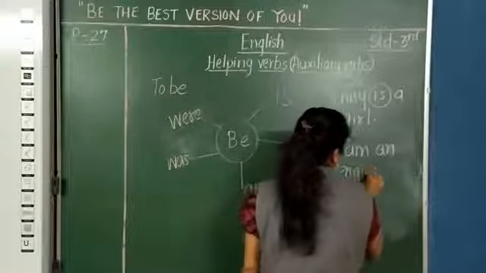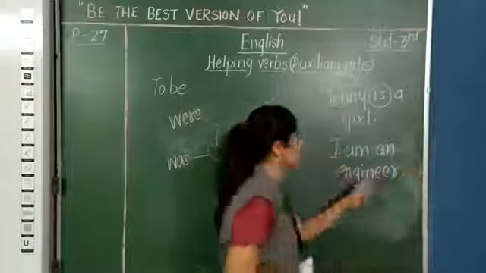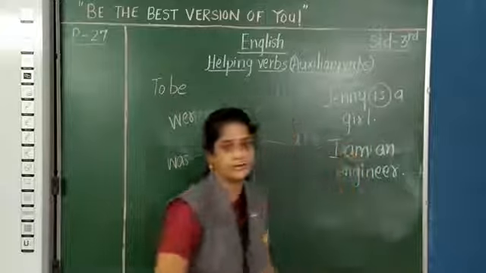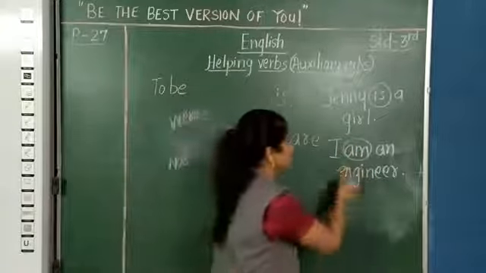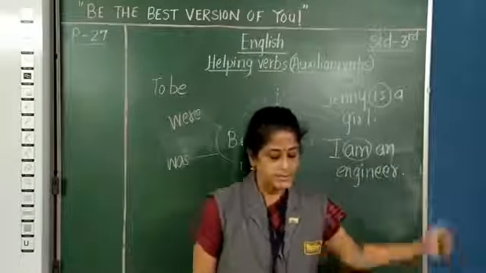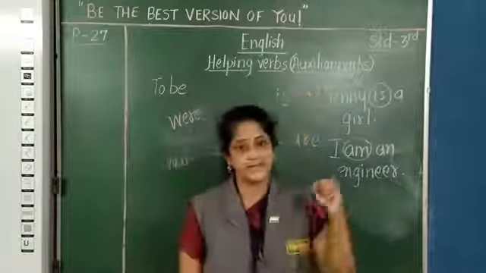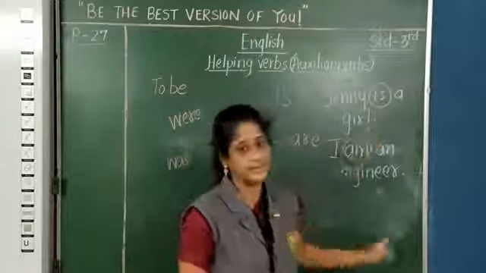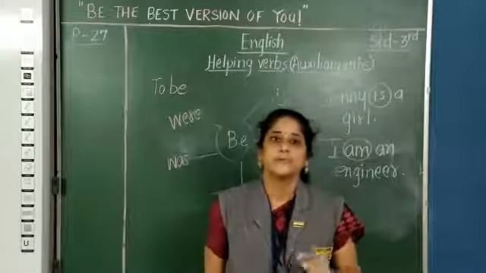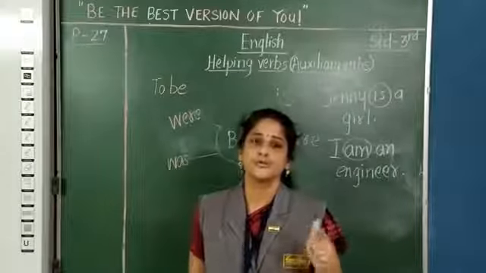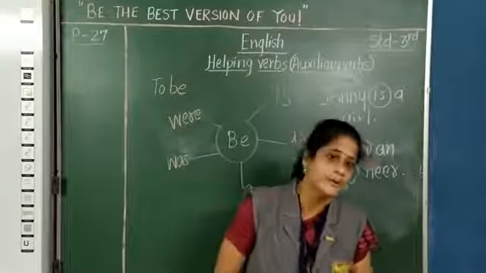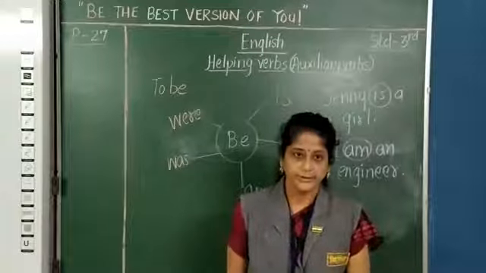In this sentence again you have am as your linking verb, which links I with an engineer. So this is how they come as helping, linking or main verbs in your sentence. They are also used to ask questions or make negative sentences, which you will learn later.